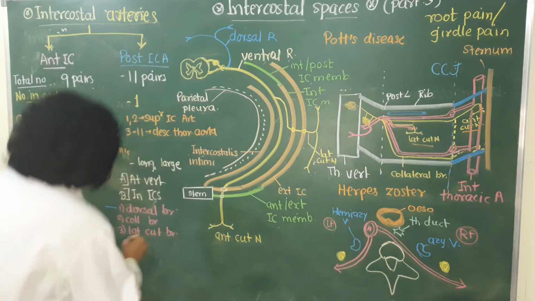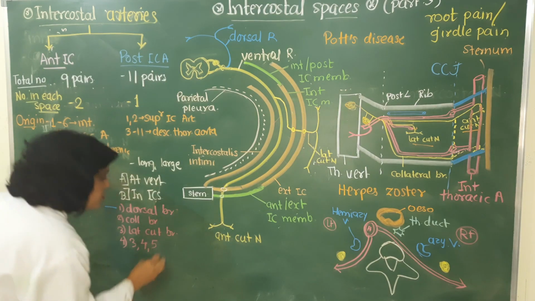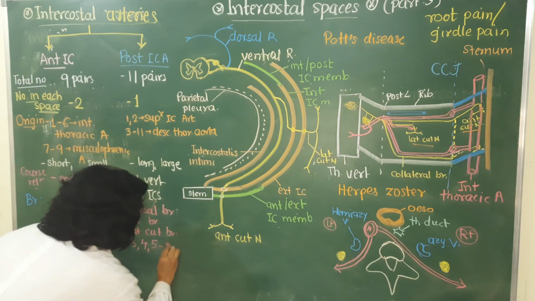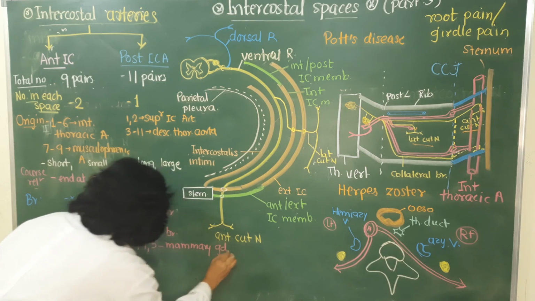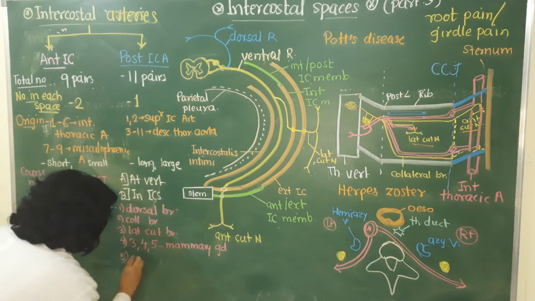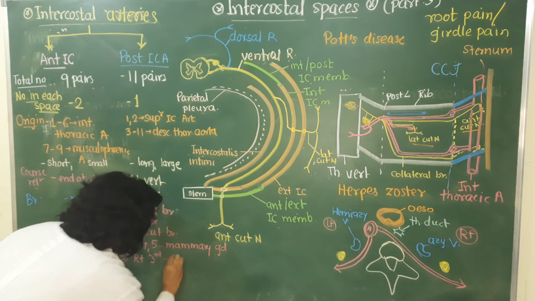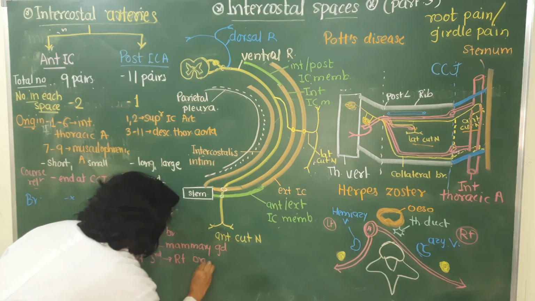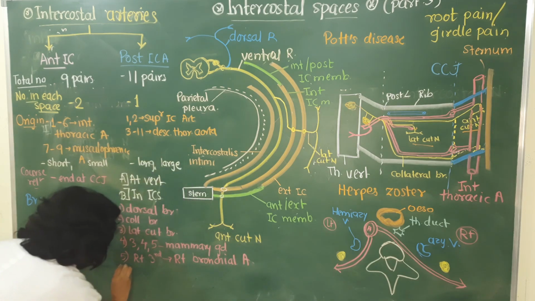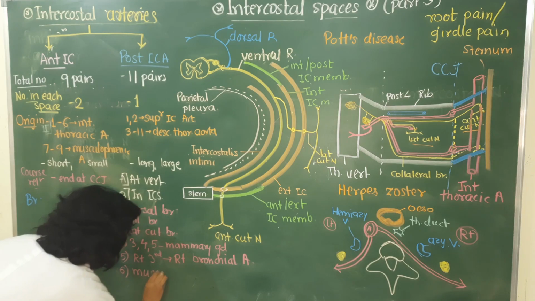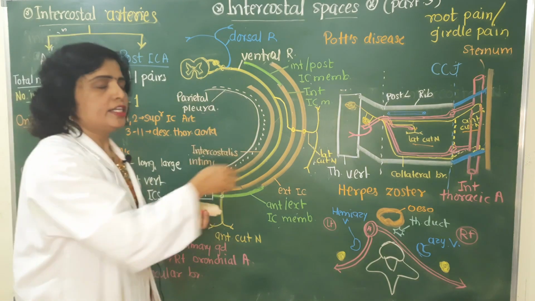Then the third, fourth and fifth posterior intercostal arteries give branches to supply the mammary gland, and on the right side, the third posterior intercostal artery gives rise to the right bronchial artery, and lastly muscular branches, to supply the muscles of the intercostal space.